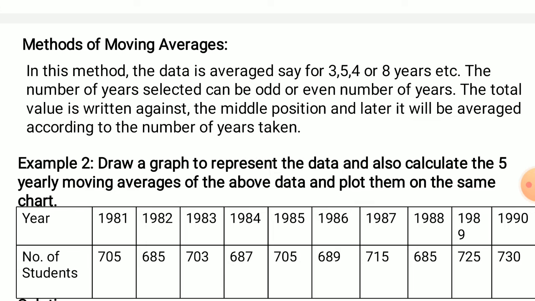The moving average method is a very simple method, and we obtain trend values with a fair degree of accuracy by eliminating the fluctuation, and it is also based on the arithmetic mean.